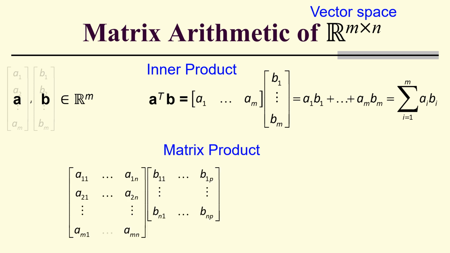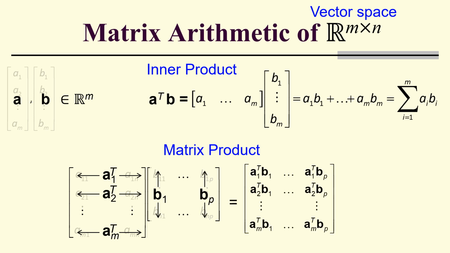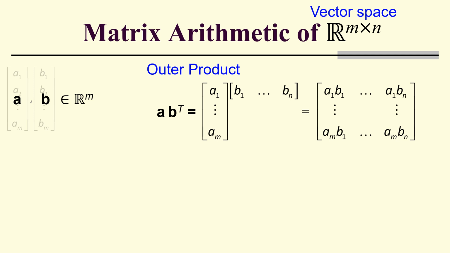The matrix product: well, we take the first and we think of it as a set of rows. We take the second matrix, we think of it as a collection of columns, and then the product is the rows of the first inner product with the columns of the second, respectively. The outer product, on the other hand, is a b transpose.